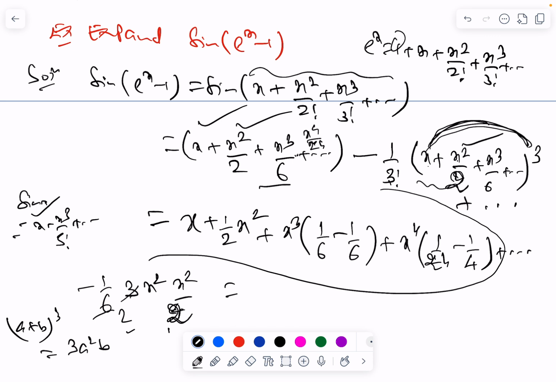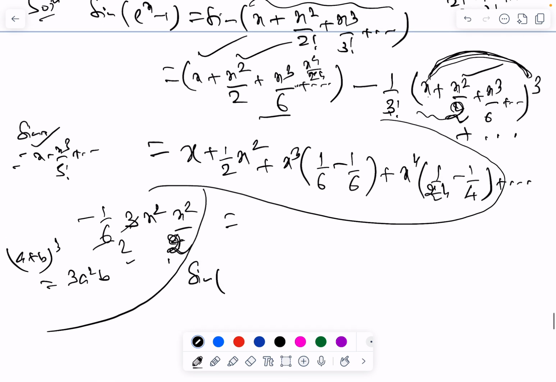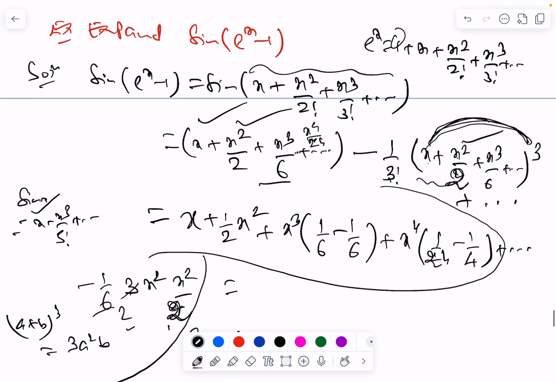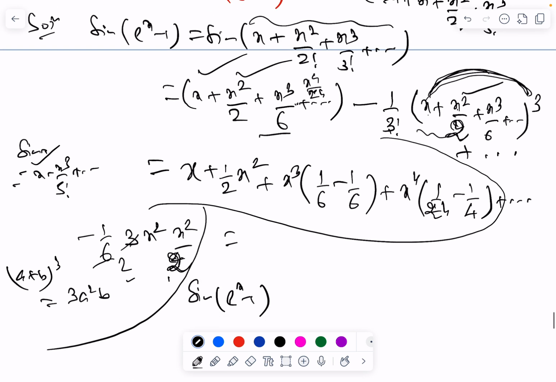So we have sine of e power x minus 1 is equal to x plus x square by 2. Then this is 0.